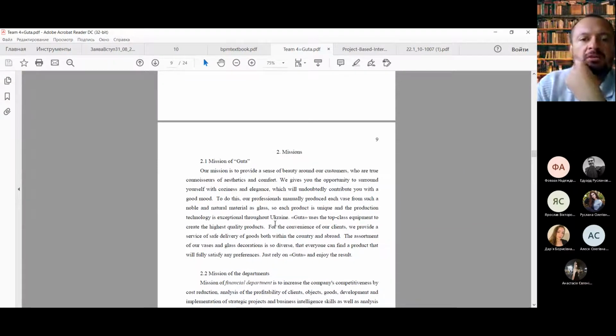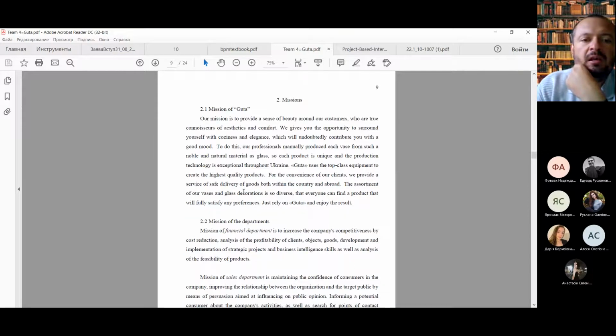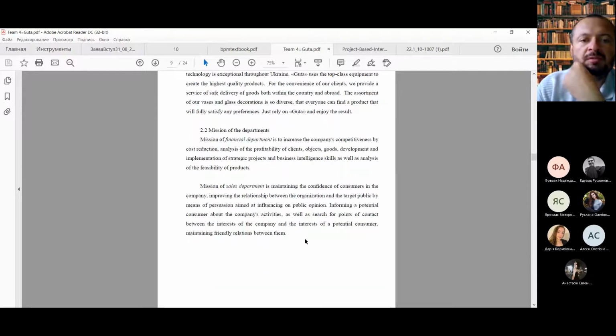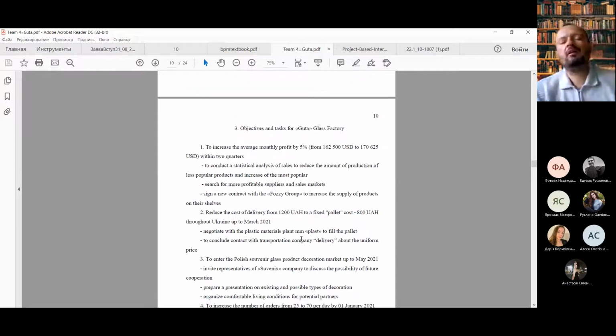Then you will have to create missions for the company and missions for 2 departments. Then you will have to create 10 objectives for the company, and we will discuss it in detail.